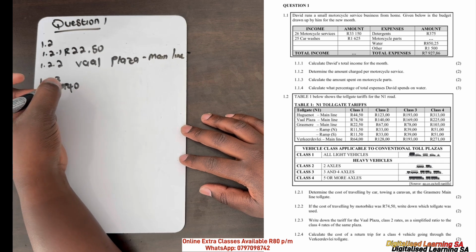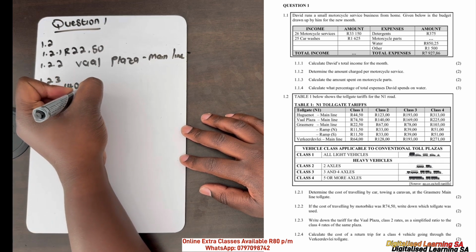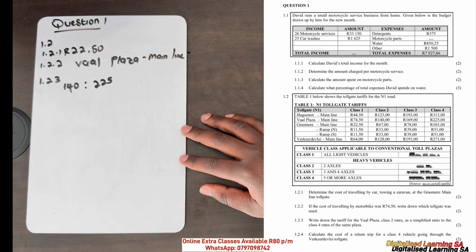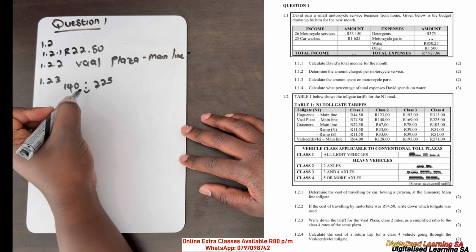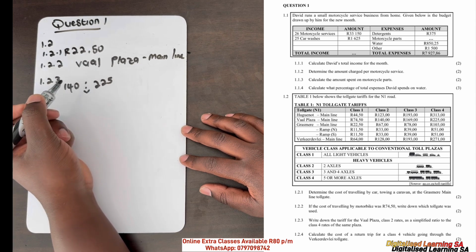So we are writing class 2 Val Plaza to class 4. If you go to class 4, we can see that it costs 225. So once we are told to write something as a ratio, don't forget the 2 dots that come in the middle. So once they say "to", just remember to write down the 2 dots.